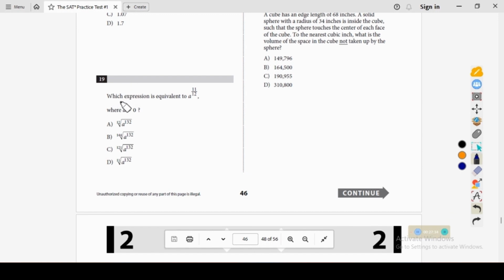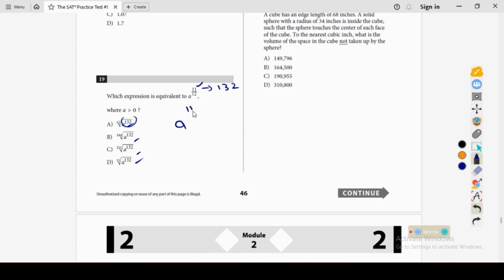In question number 19, which expression is equivalent to a raised to the power 11 over 12, where a is greater than 0? Since from the MCQs it is clear that the power of a is 132, we have to convert this 11 to 132. How can we do that? We can multiply 11 with 12 and in the denominator we can multiply 12 with 12.